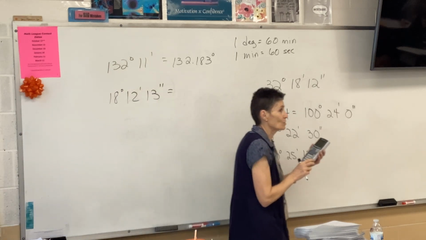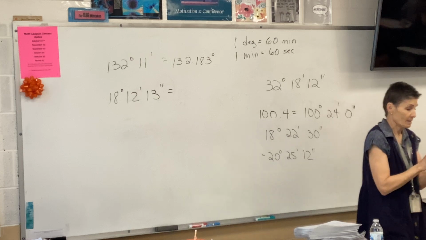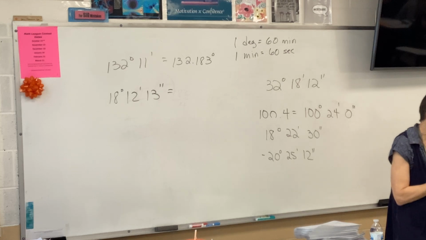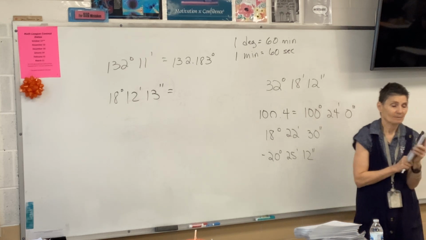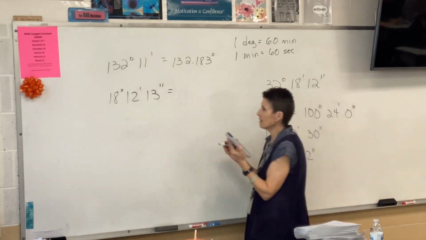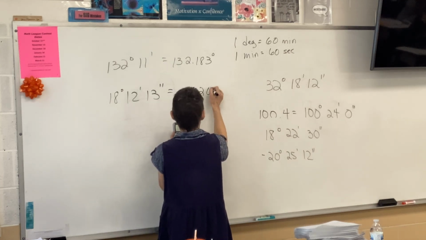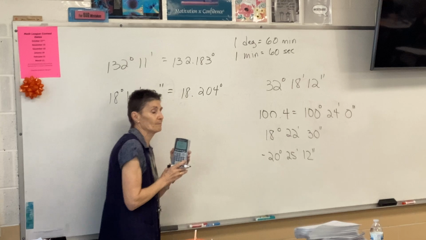Now we're going to press 13. And here comes the super secret: look above your plus sign in green. So we press alpha plus, and that puts in your second mark, and that's 18.204 degrees.